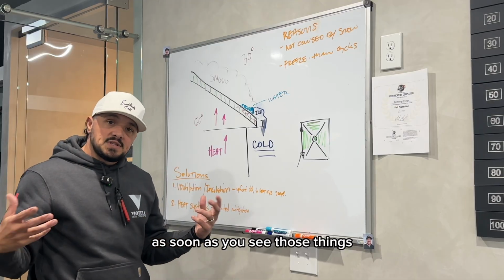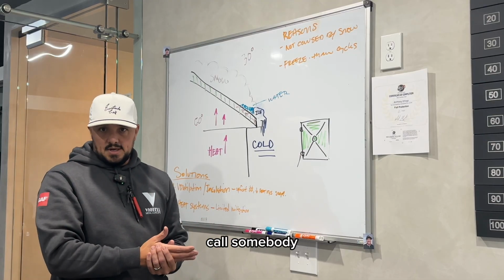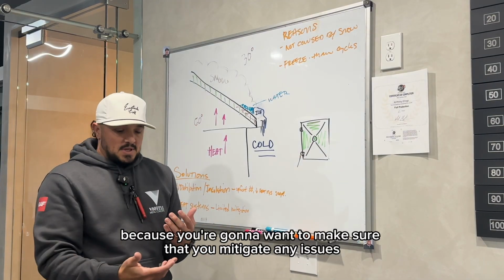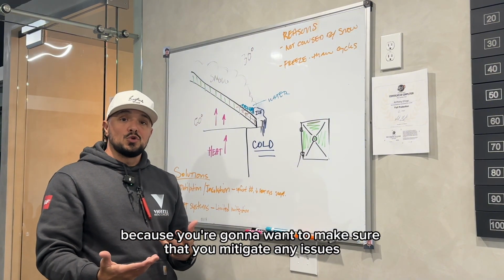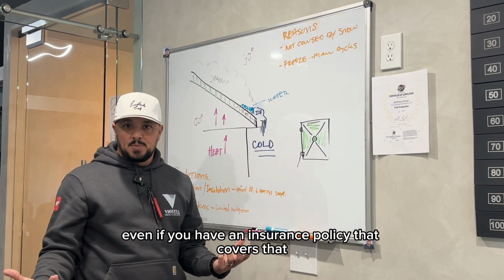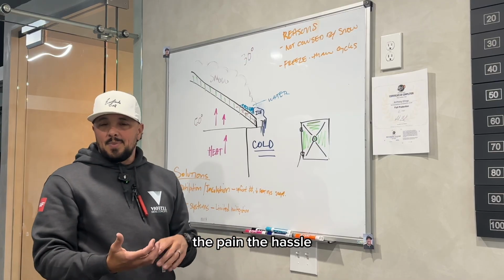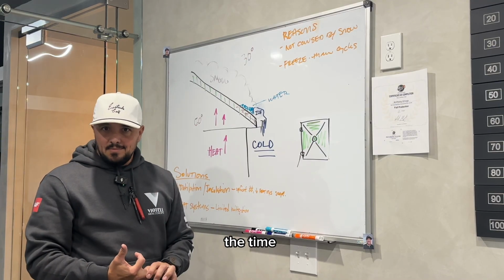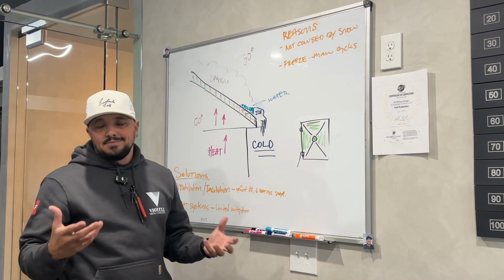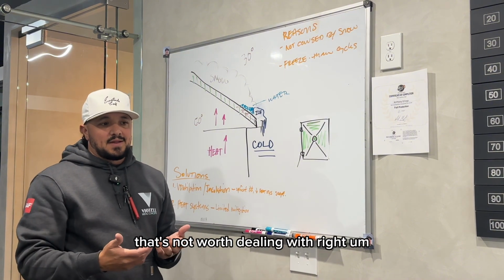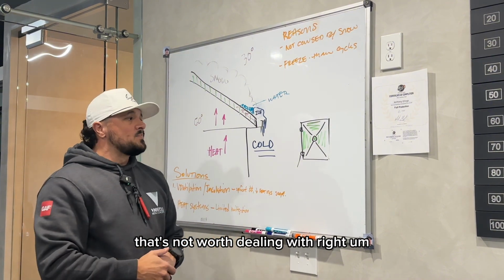As soon as you see those things, call a professional, because you're going to want to make sure that you mitigate any issues. Even if you have an insurance policy that covers that, the pain, the hassle, the time managing that, it becomes something that's not worth dealing with, right?